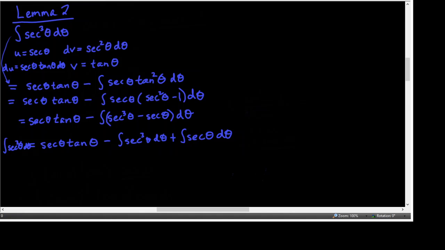So if I add a single integral of secant cubed theta d theta to both sides, I'll have two of them on the left. Equals secant theta tangent theta, and I still have the secant of theta over here.